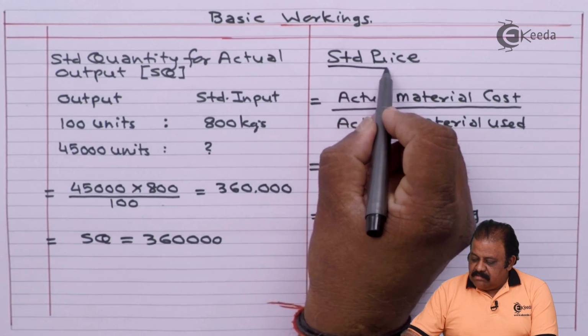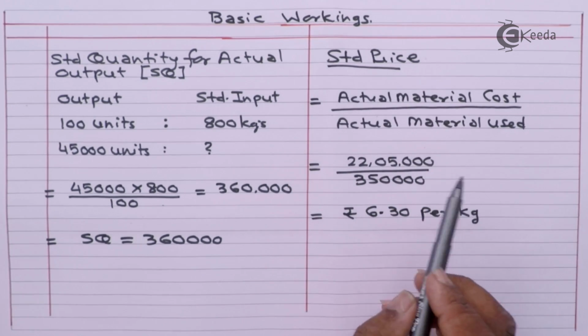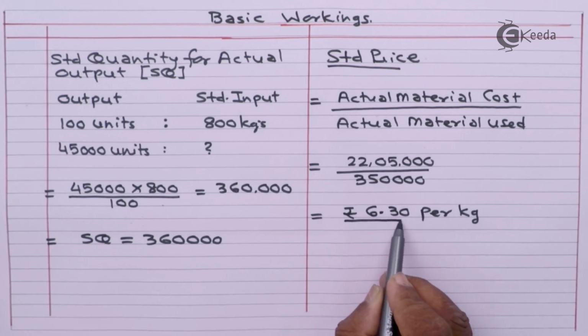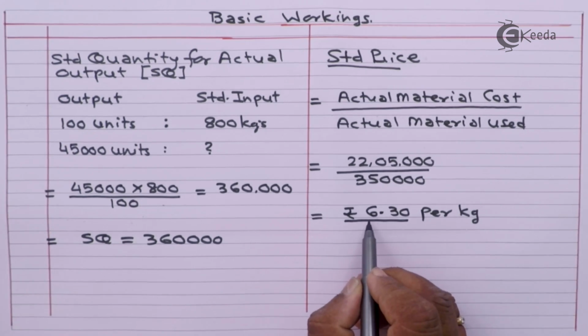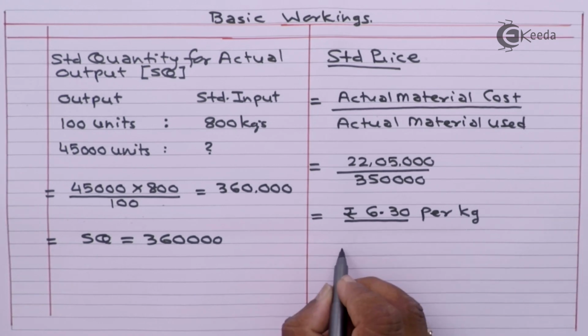The actual price we have calculated for the actual quantity purchased is rupees 6.30 per kg.